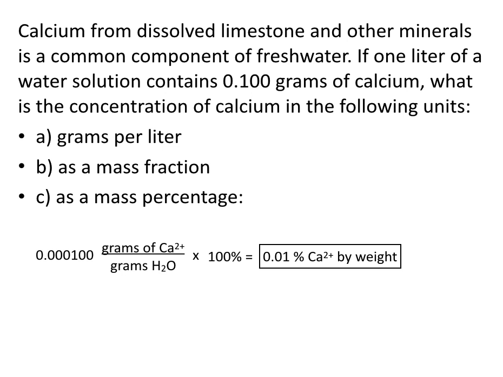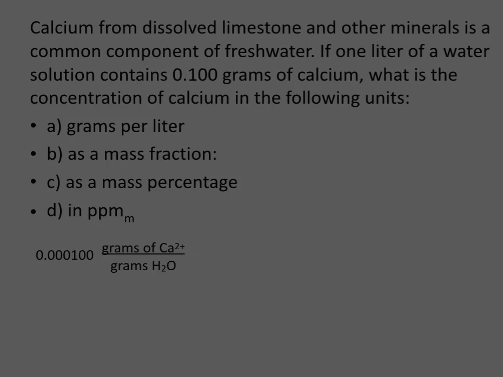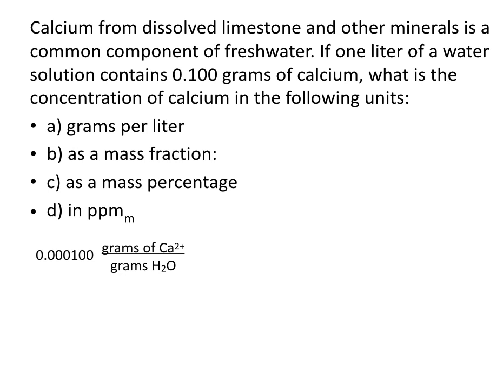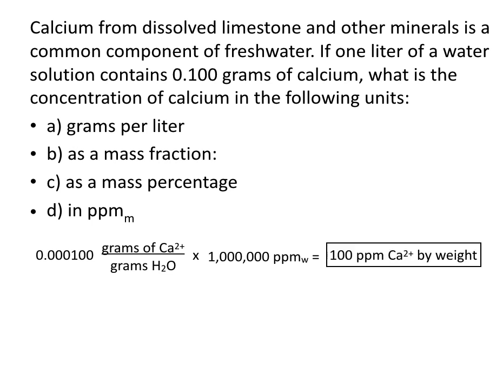We can do the same thing for a part per million, where the fractional value is not 1/100th of something, but 1/1,000,000th of something. Let's show what we mean in this example. So if we have that same mass fraction, 0.0001 grams of calcium per grams of water, and we want to find the concentration in parts per million, we multiply by 1 million, 1 part per million, and that will give us a part per million on a weight basis.